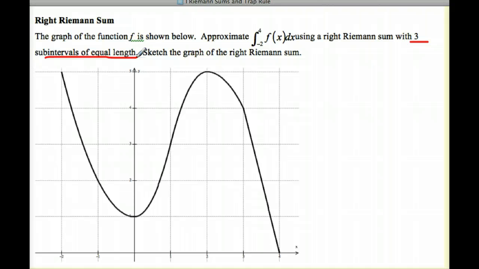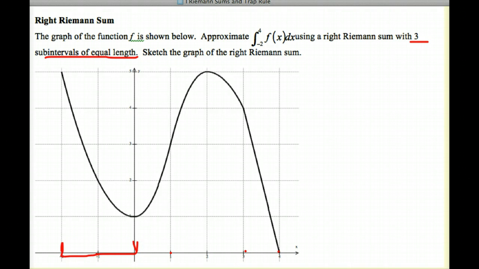And I have to go from -2 to 6. So if I want to check how long that is, from -2 to 6, I have 1, 2, 3, 4, 5, 6 spots. So in order to get 3 intervals of the same length, I know that I need these intervals to have a width of 2.